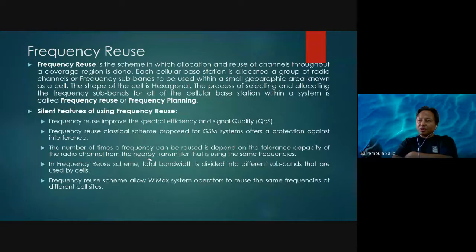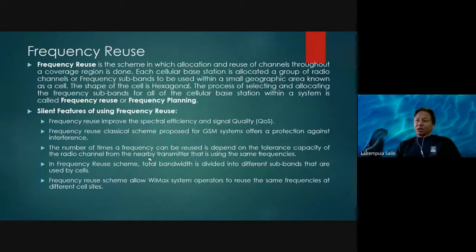So it creates a problem. If we implement frequency reuse, then instead of having 50 different frequencies, we can do it using 25 frequencies. We can reuse one cell's frequency in another cell without colliding.